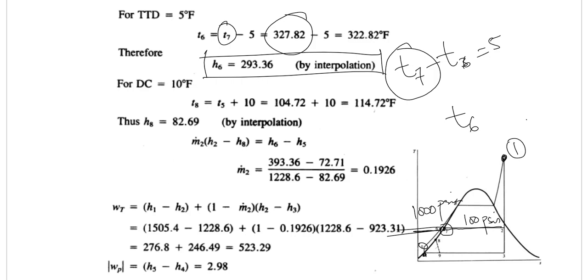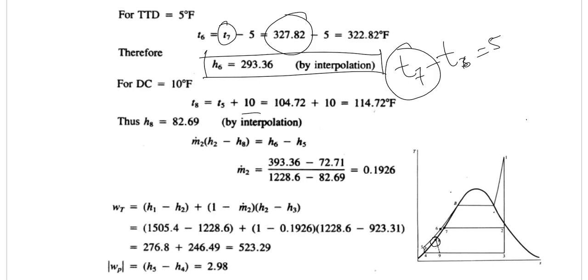Now for the drain cooler, the same thing would be there. Once you have the temperature T8, T8 minus T5 is equal to 10.